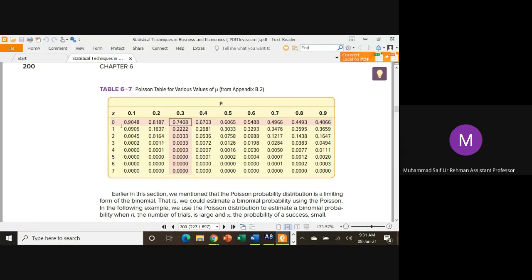You can see over here that if you are interested in the average value equal to 0.04. What was the average value? 0.04.